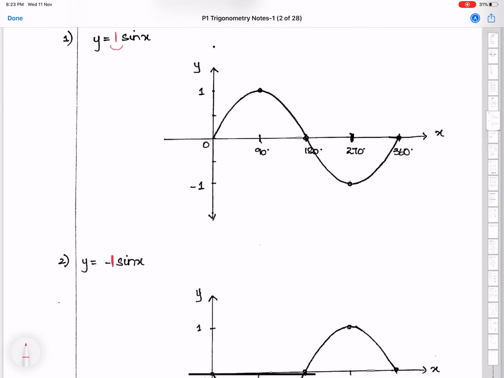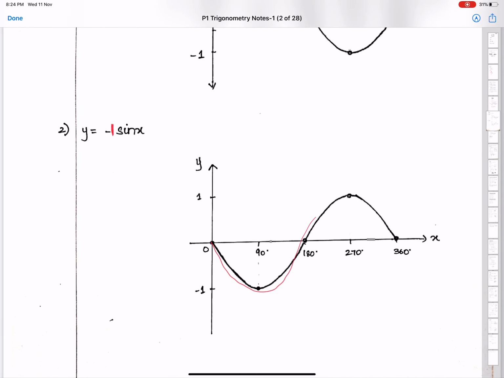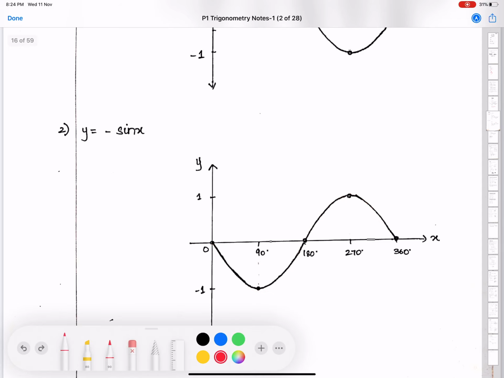So the curve will be inverted. If the coefficient of the function is negative, then the curve will be inverted. This is the inverted sine curve. And this is true for cos and tan as well.